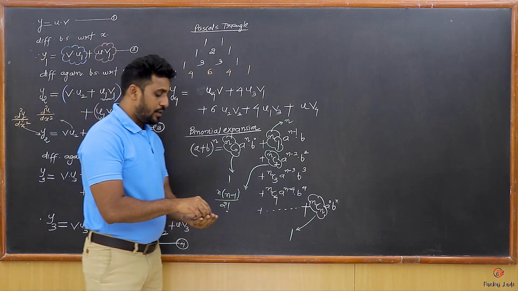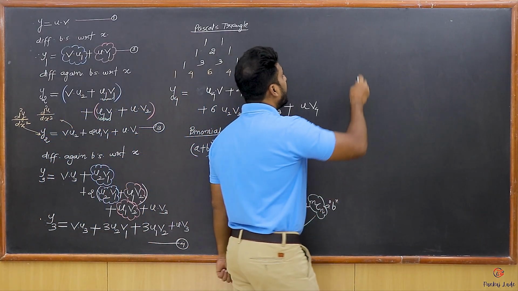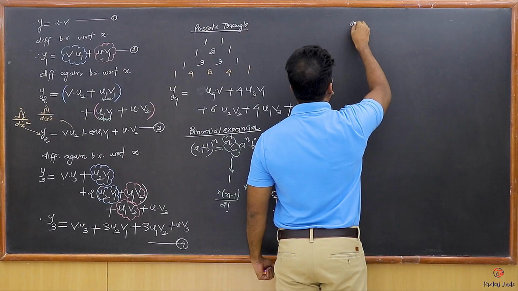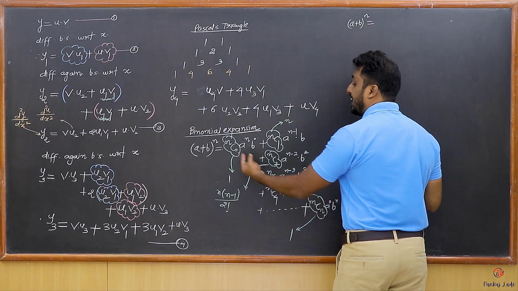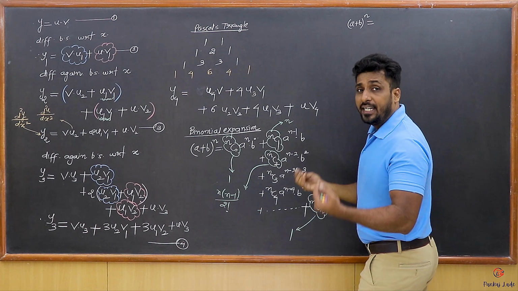So again, this a plus b raised to n can also be written in a different way. So let's write a plus b raised to n one more time. So as I said, nc0 is going to be what? It is going to be 1.